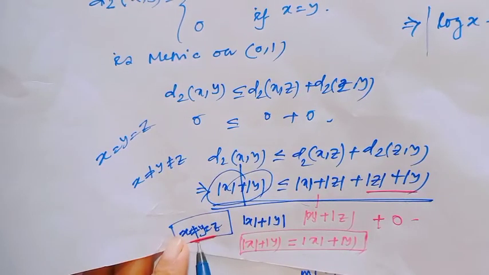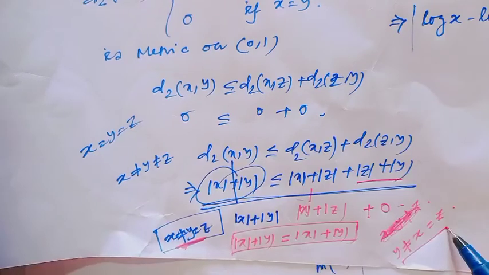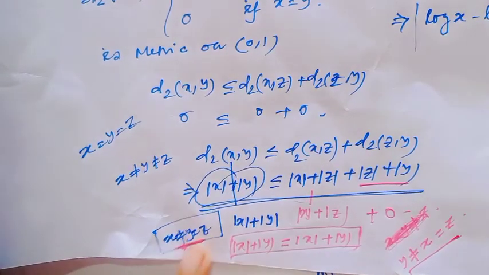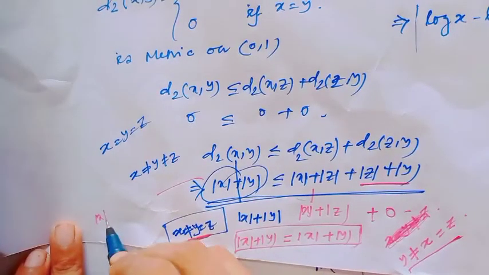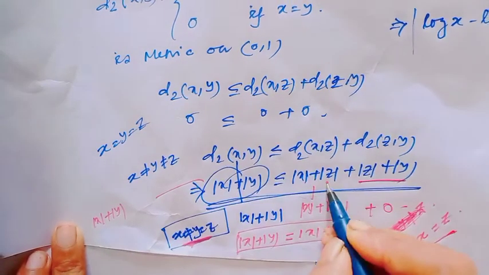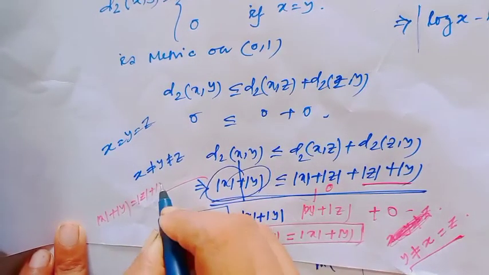This condition also is satisfied. Also, when y is not equal to x and x equal to z, the other condition is similar to before, and this is also satisfied, because this would be mod x plus mod y, and since x and z are equal, this would be 0 and this would be mod z plus mod y.